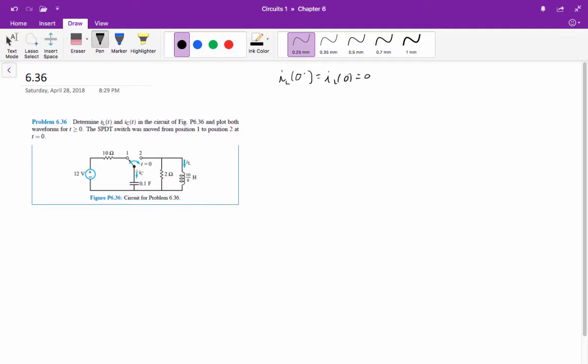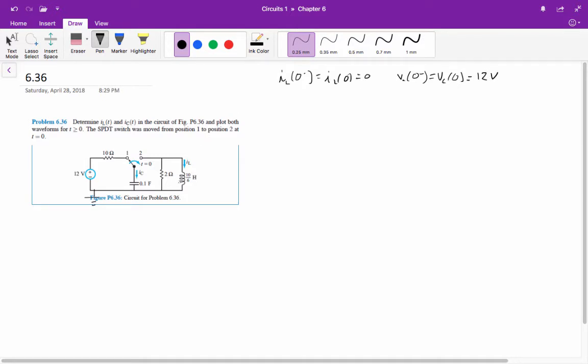Now, over on the left-hand side of the circuit, if it's been in position 1, then the capacitor will be an open circuit, and no current will flow, and so the top side will be at 12 volts and the bottom side will be at 0 volts if we call this ground. Either way, the voltage across the capacitor, VC of 0 minus, equals VC of 0, equals 12 volts.